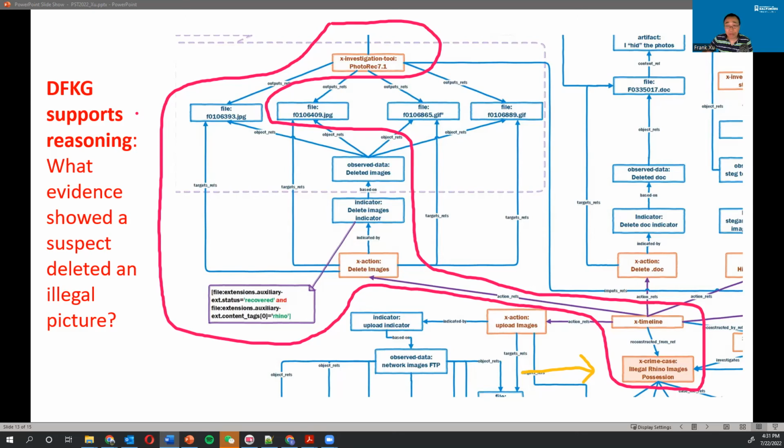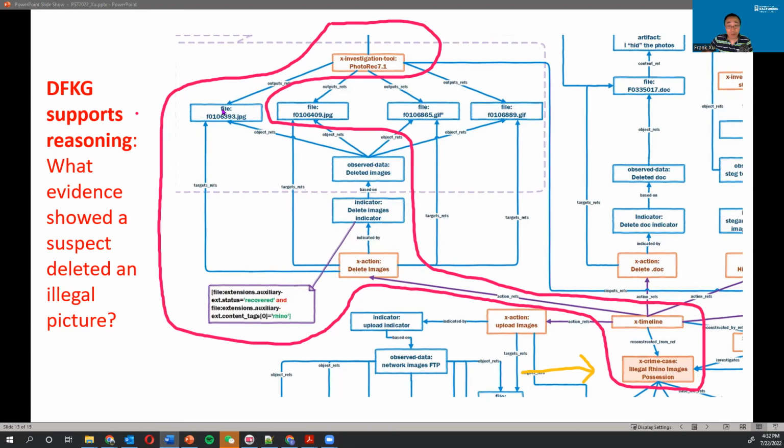A subgraph highlighted in the DFKG provides a rigorous explanation. The subgraph starts from the criminal case object here and ends at the deleted file that contains the illegal rhino picture.